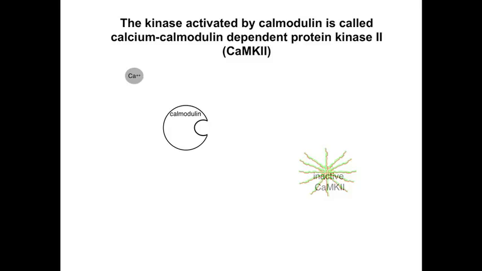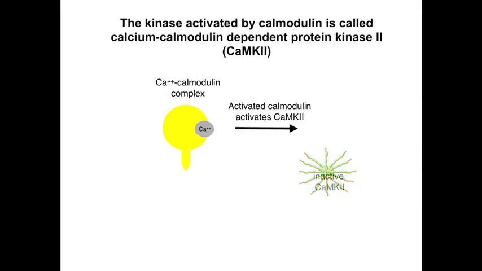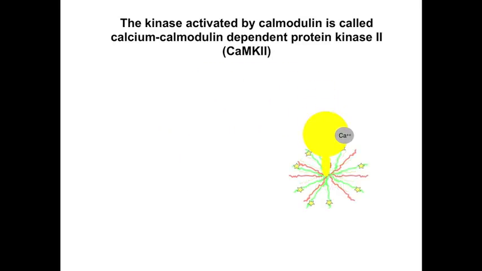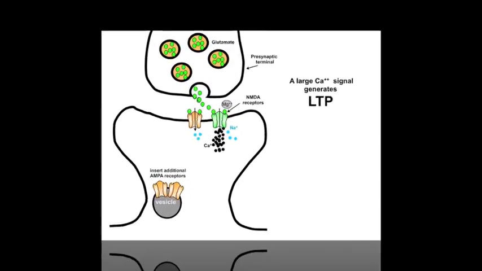The details of how CaM kinase 2 is activated will be explained in another movie that deals exclusively with the structure and operation of CaM kinase 2. But the important point at the moment is that the kinase is normally inactive, but once it is activated by the calcium calmodulin complex, it phosphorylates other proteins and initiates a complex series of events.